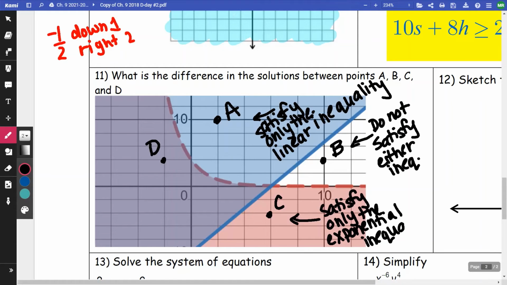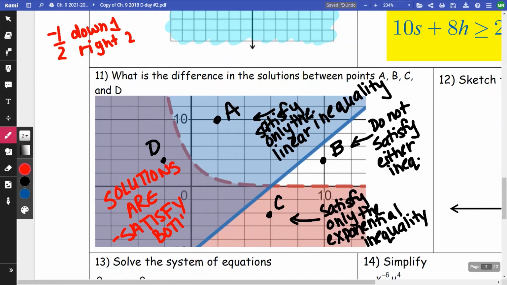So none of the ones I talked about so far is the solution. The solution is over here in D. This is where our solutions are, because these satisfy both inequalities. And that's what we're looking for when we're doing this.